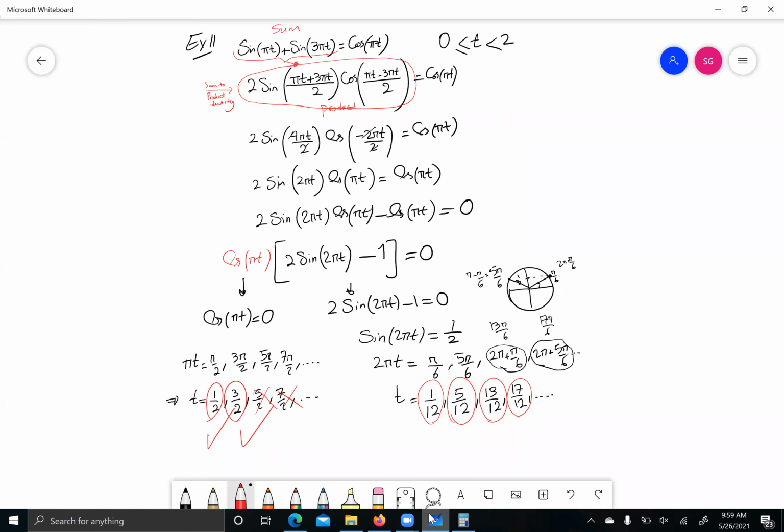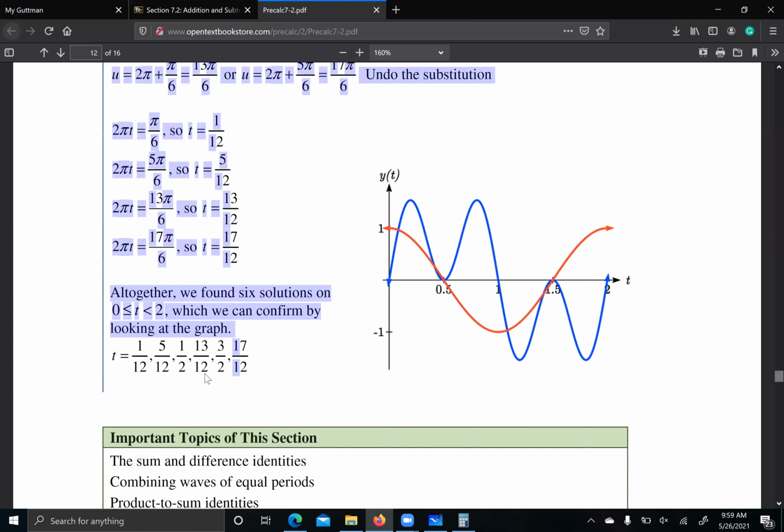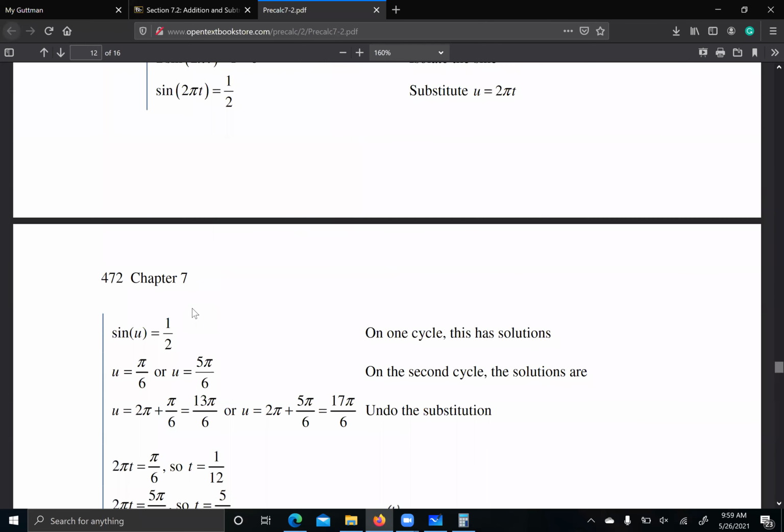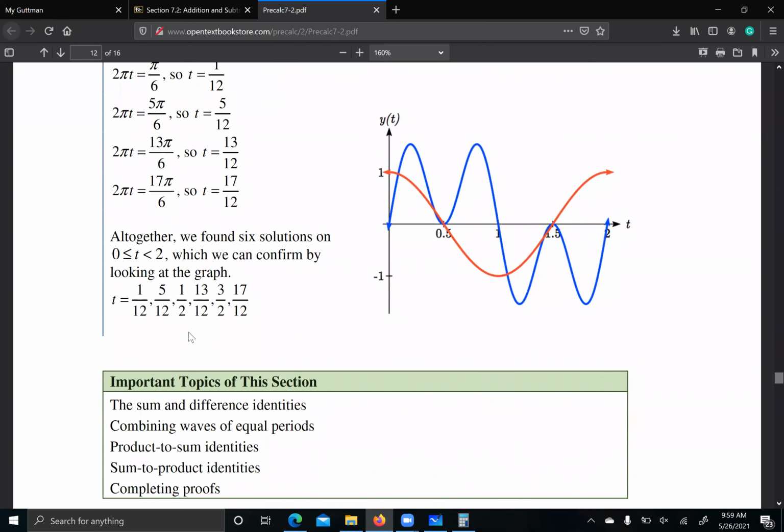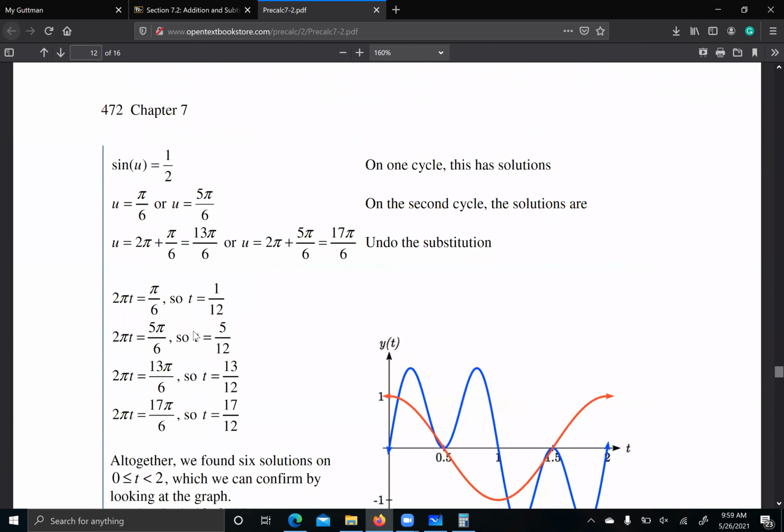If you want to know further details, your textbook goes into more detail. I just wanted to give you the big picture. Okay, that's all about this.